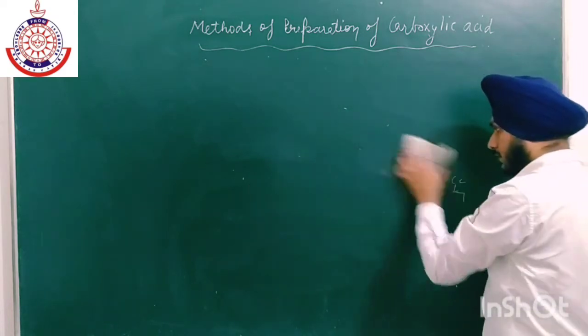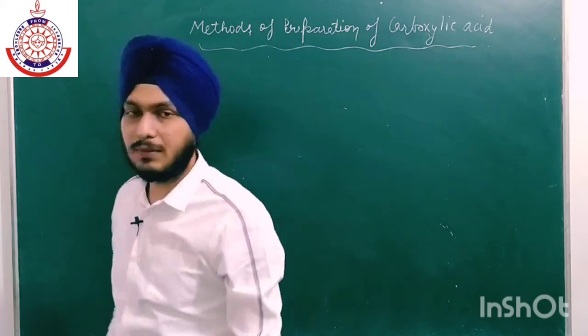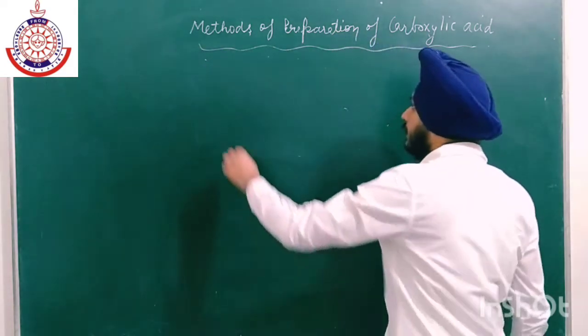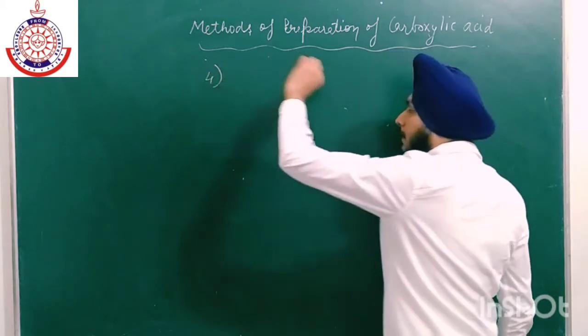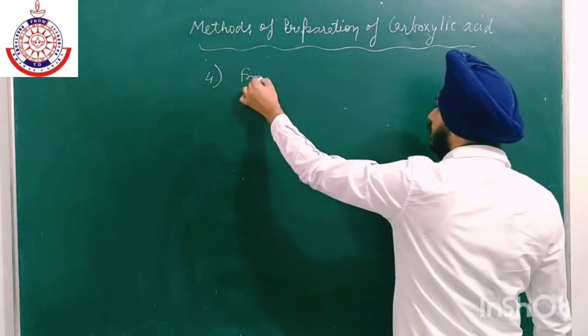We have already done this reaction with aldehyde and ketone, but there we get alcohols. Now if we are reacting this Grignard reagent with carbon dioxide, the fourth method is from Grignard reagent.